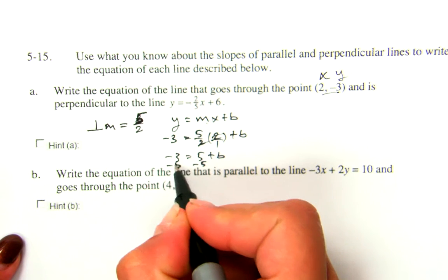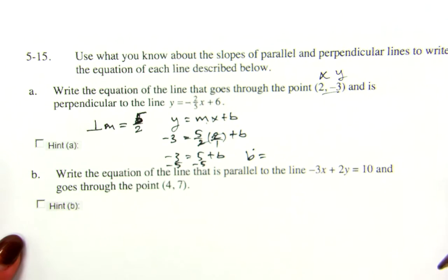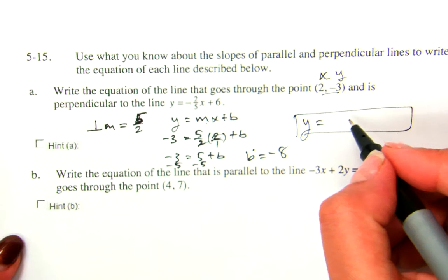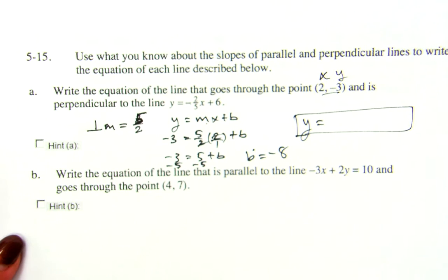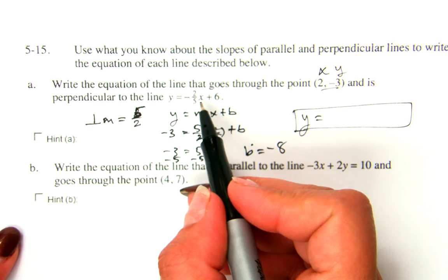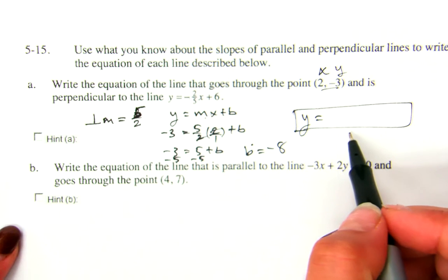Subtract 5 from both sides, so we get a b value equal to, what is that, negative 8? Okay, so my new line is going to be equal to what? I'm going to let you finish this out. Okay, it's not this. Please don't put a plus 6 on the end. What is your new line going to be?